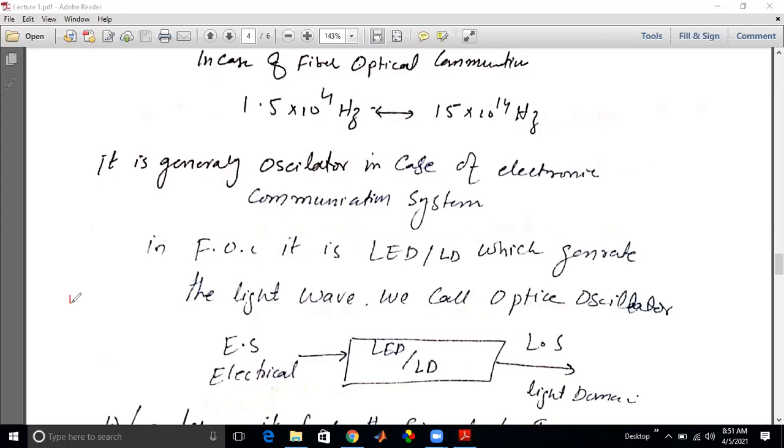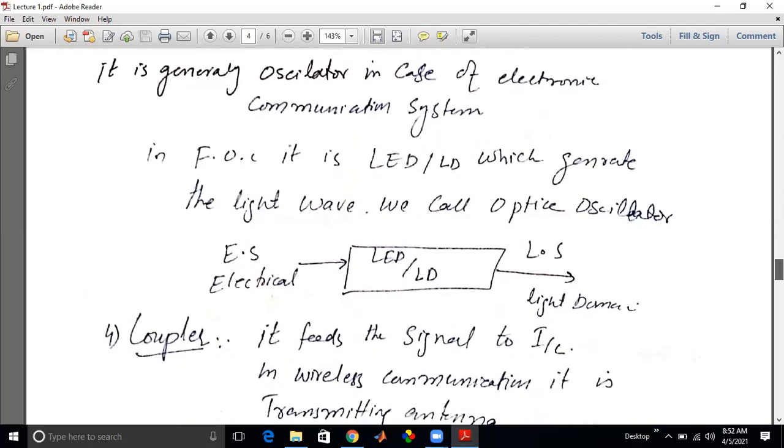For example, this is the LED. It will generate the light in such a form, and this is called the light code. So this is the electrical signal, and this is the light signal. This is the electrical domain, and this is the light domain. So it will convert the electrical signal into a light signal.